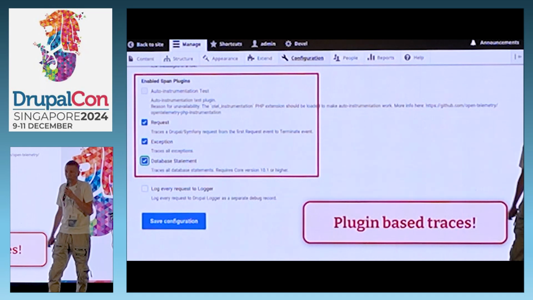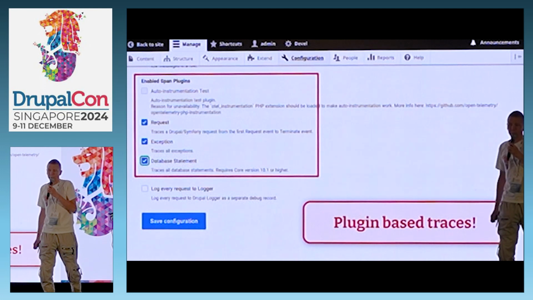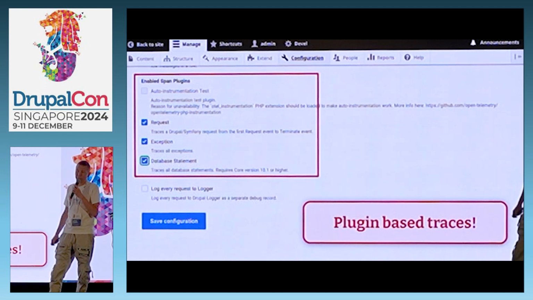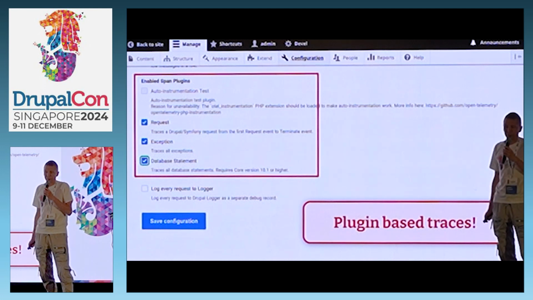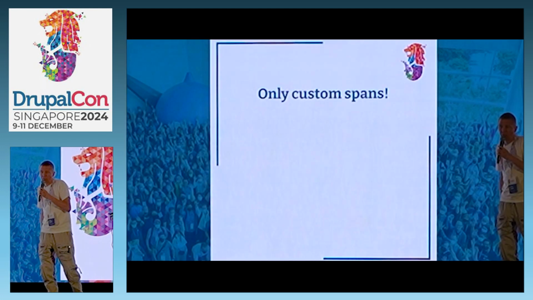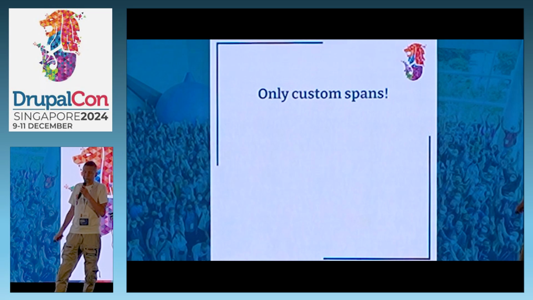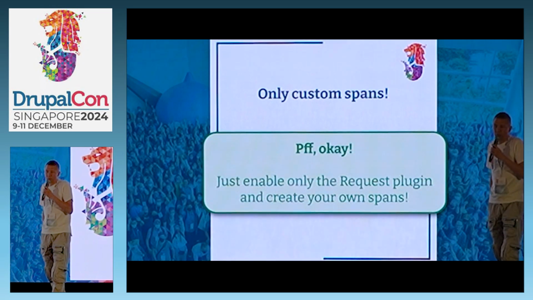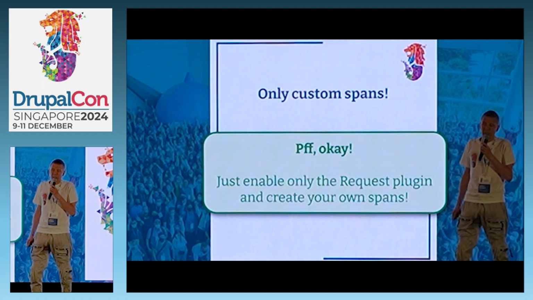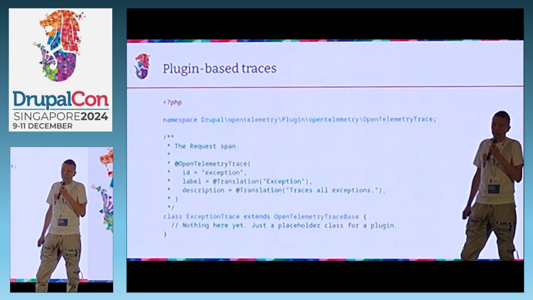So it's just a regular plugin in Drupal. So you can just uncheck the database statement, and the database queries will disappear from it. And you can submit only custom spans there. So you have to enable only the request plugin and create your own spans.